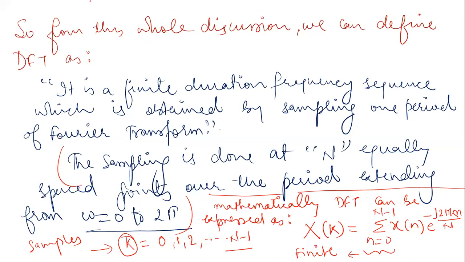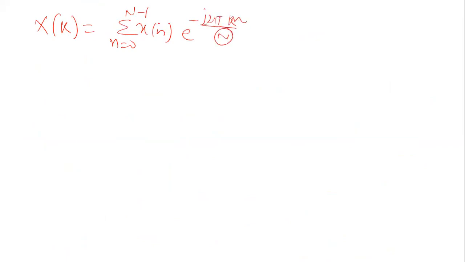Because what we have done here, if you have noticed, X[k] is equal to the summation n equal to 0 to N minus 1 of x[n] times e raised to the power minus j 2 pi k n divided by N. So we have N here. What is this N? These are the points.